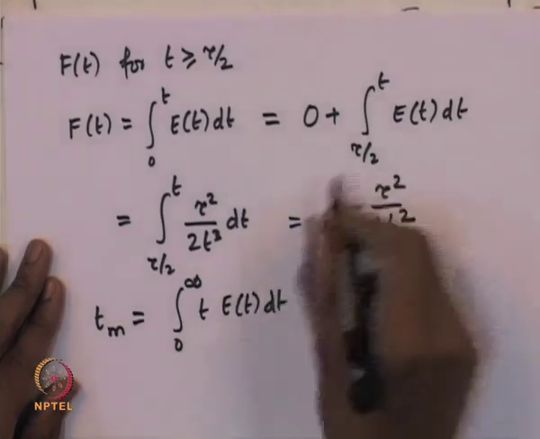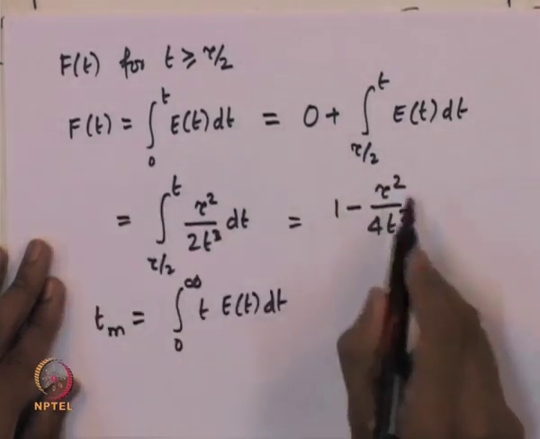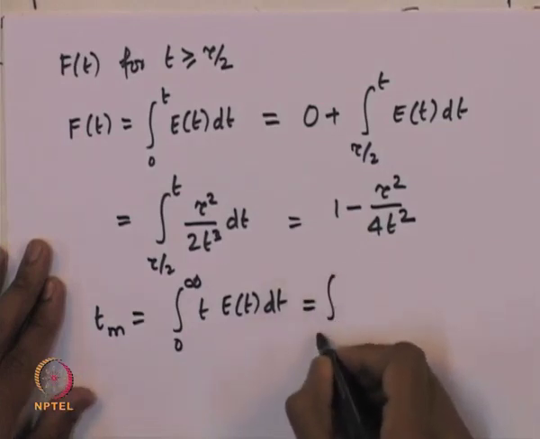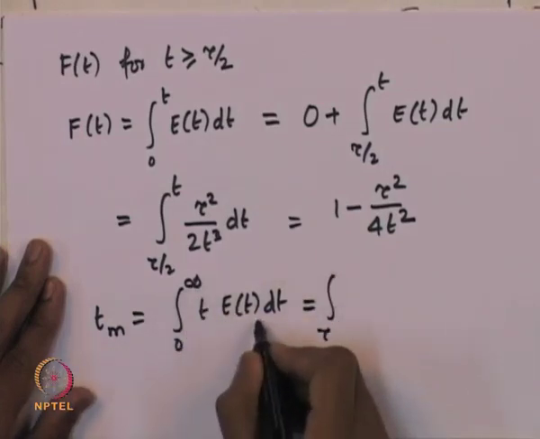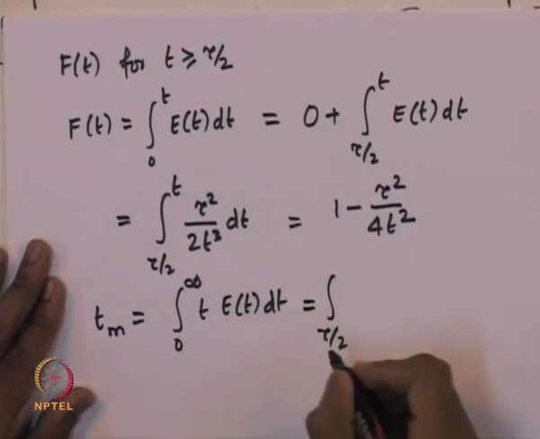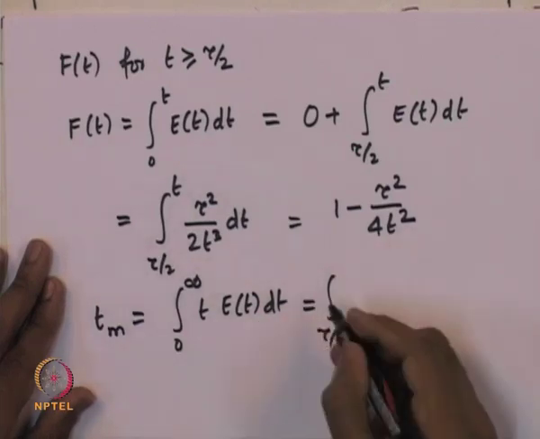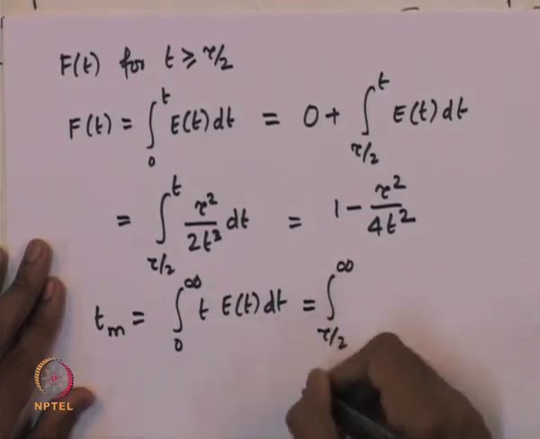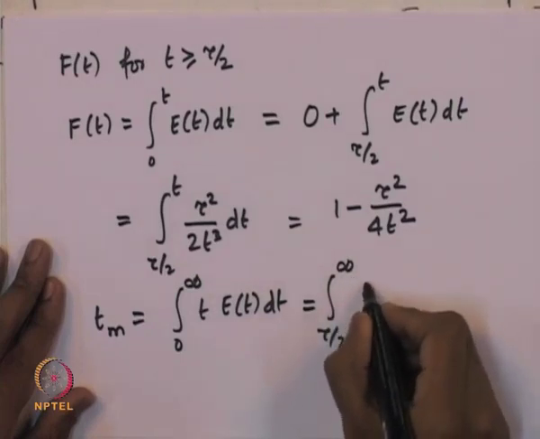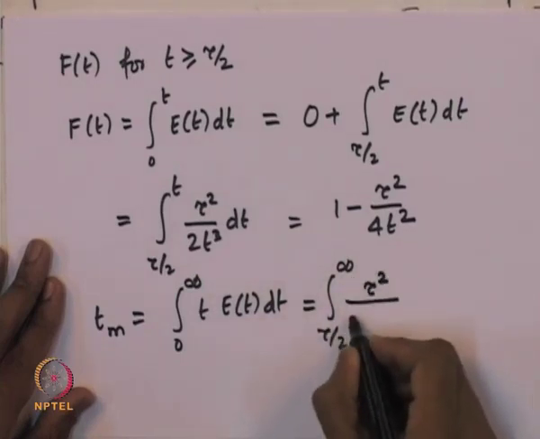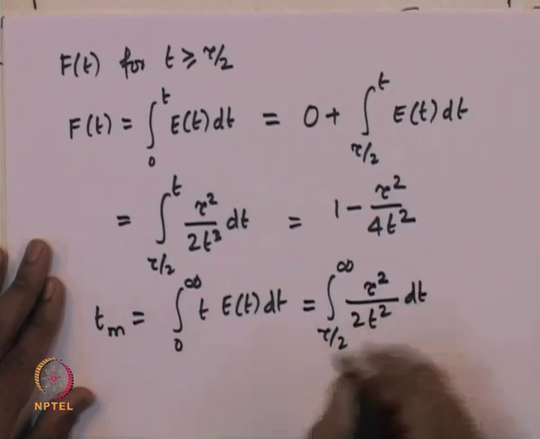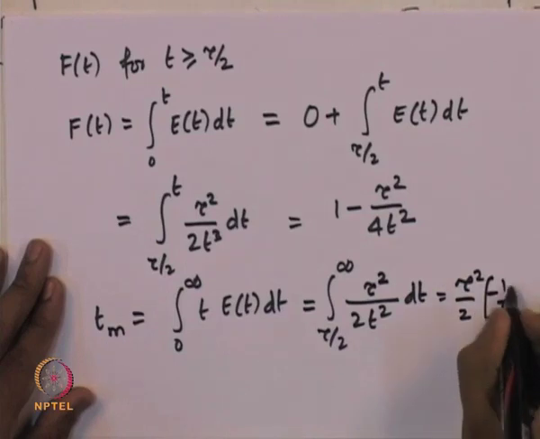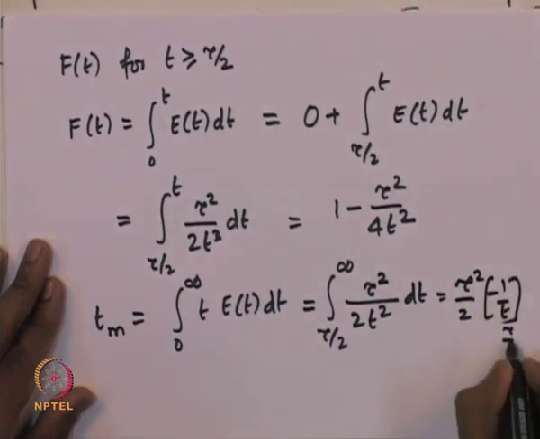So, this is the F curve, the relationship between F and the time, and the mean residence time is given by the integral 0 to infinity of t E of t dt, and because between 0 and tau by 2 E of t is 0, this integral simply becomes tau by 2 to infinity, the limits will change, and the integrand will be tau square by 2 t square into dt, which is equal to tau square by 2 into minus 1 by t, and the limits are tau by 2 and infinity.